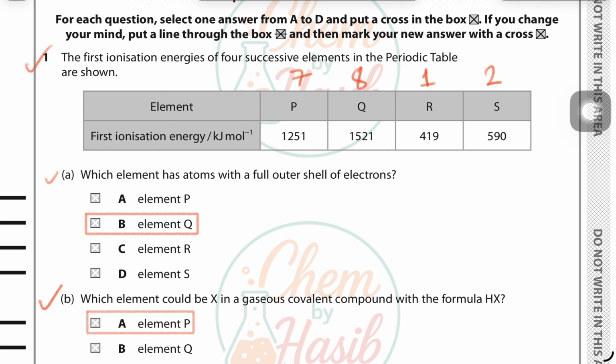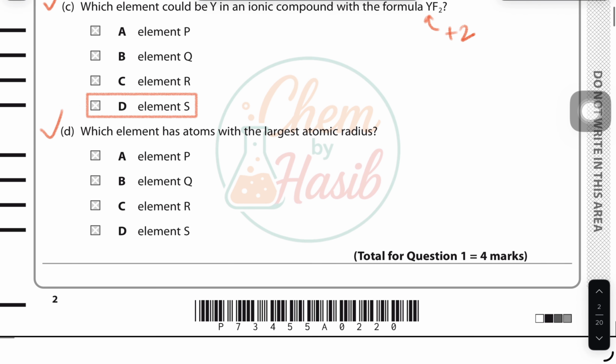And from R to S, since both are in the same period, S will have a smaller atomic radius than R. So R will have the largest atomic radius, and your answer will be C.